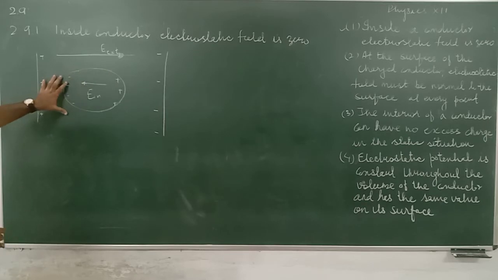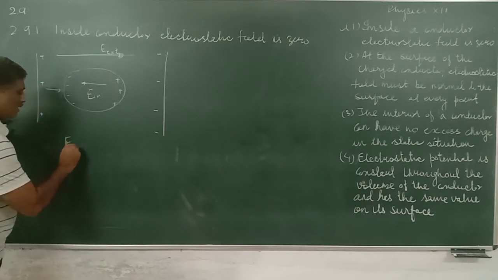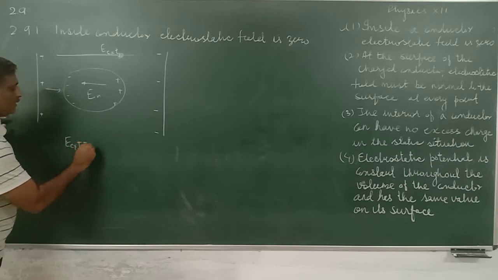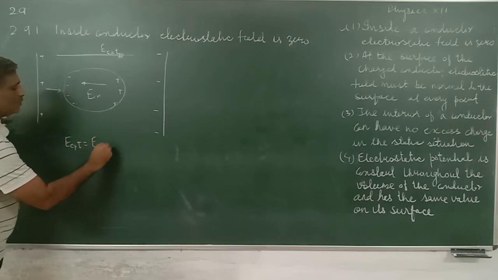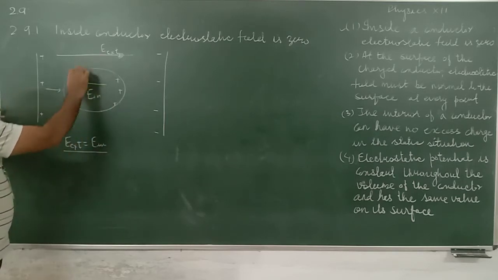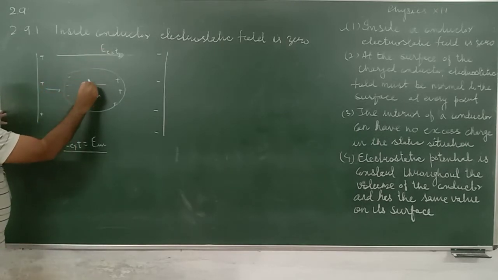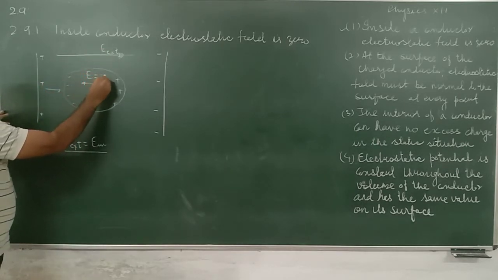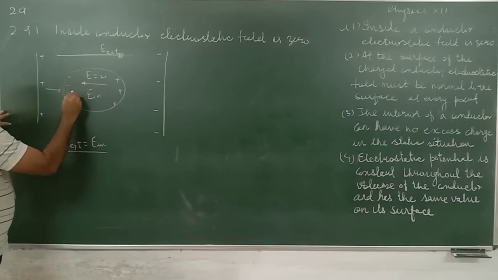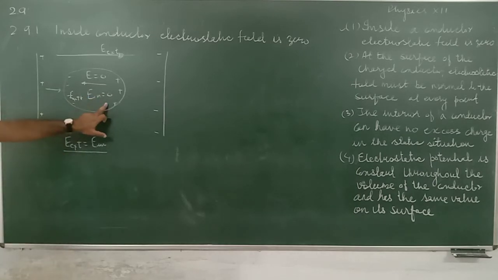This process of drifting keeps on happening until E external is equal to E induced. Both of them are inside the conductor. This E induced nullifies the external field, therefore it becomes E equal to 0. Inside the conductor, E external plus E induced, equal and opposite, gives 0.